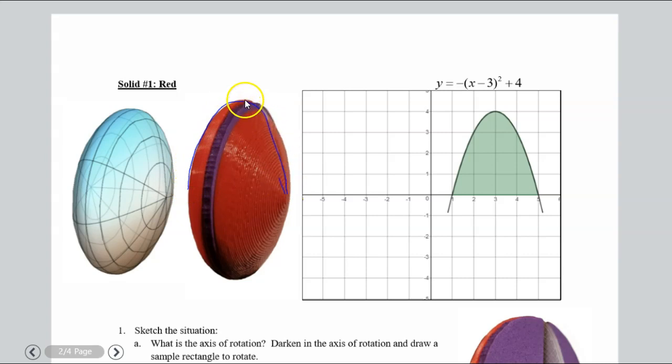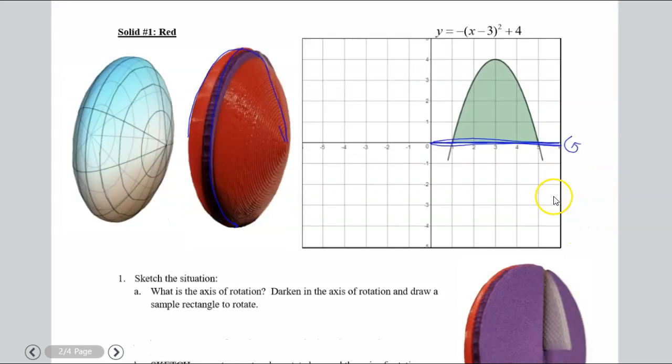And you can kind of think of that as being rotated around, come down this way. So our axis looks like it's right on the x-axis right here. So this is our axis of rotation right here. And usually we'll just put this circular arrow to indicate that's what we're rotating around.